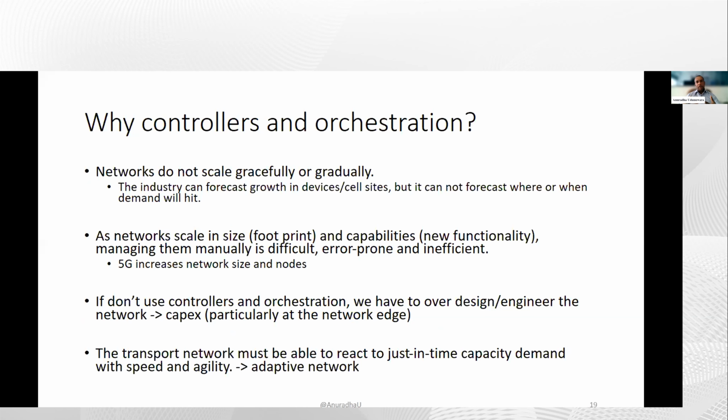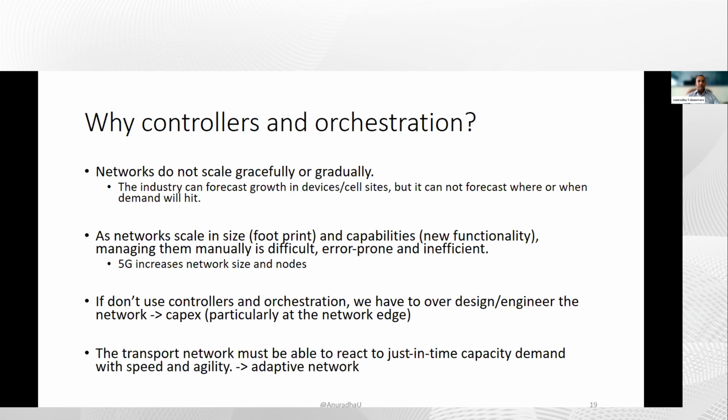So software-defined networking requires domain level software-defined controllers, and the reason behind that, and also the reason why you need orchestrators, is because these networks do not scale gracefully or gradually. You cannot forecast, you really don't know when the demands come. So you need to have most of these things be more adaptive and agile in supporting the unexpected requirements coming from 5G and other future services.